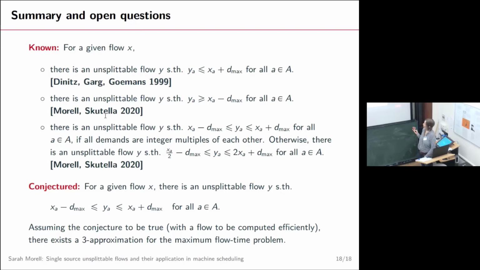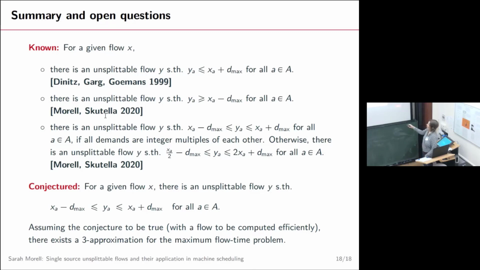So for this special case, we could already use it for the machine scheduling, but it's not this interesting. So for instances where the processing times are integer multiples of each other, we in fact have a constant factor approximation. And for the general case, we have those slightly weaker bounds here.